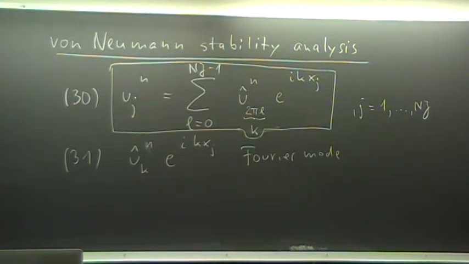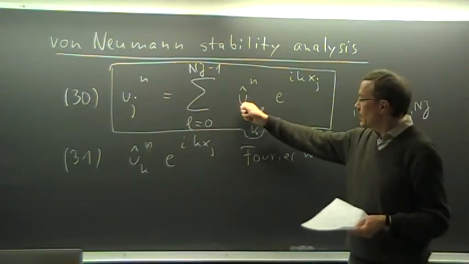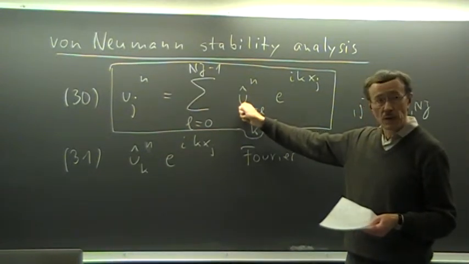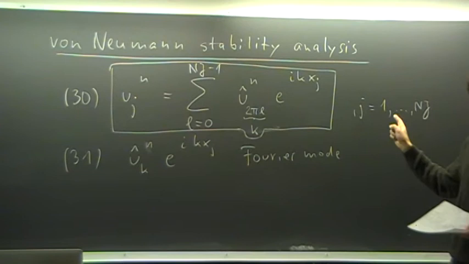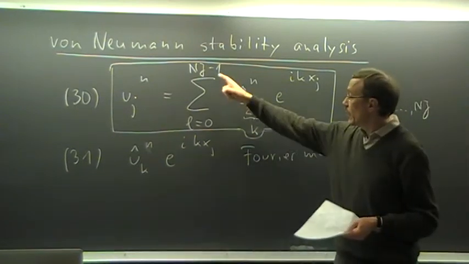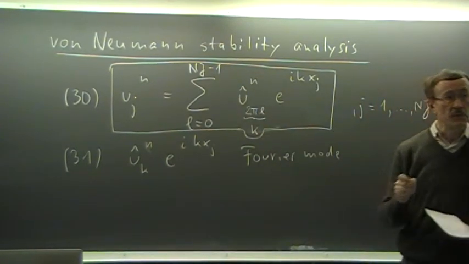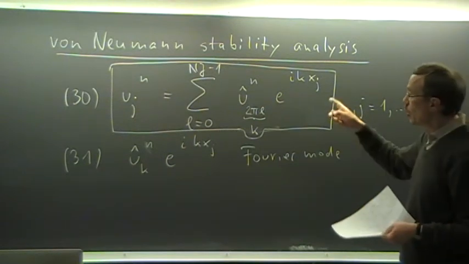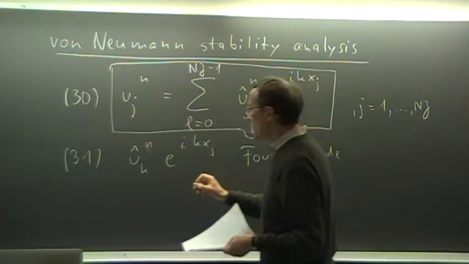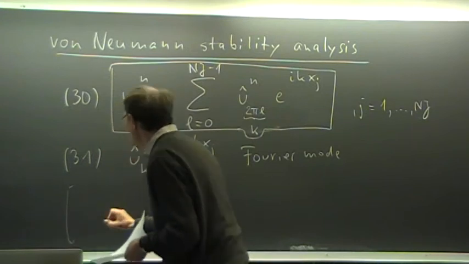Here these are the amplitudes, and they are the Fourier coefficients. As you see, we have nj of them, from l equals 0 to nj minus 1, and we have nj grid points. And we can also go back. This is just a remark.